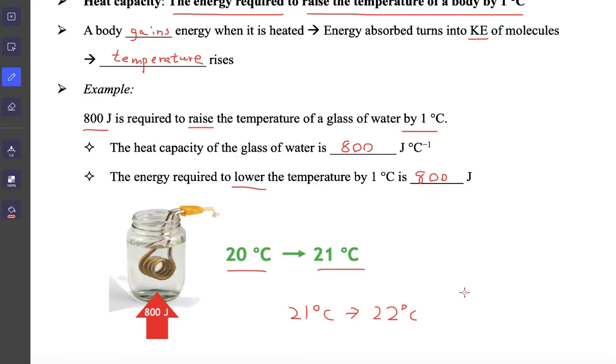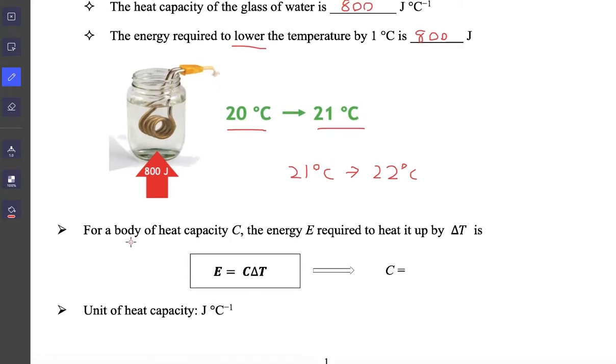Because to change it from 20 to 21, or from 21 to 22, or 22 to 23, or 23 to 24 degrees Celsius, is the same. If the change in temperature is 1 degree Celsius, then it requires the same amount of energy, which is also 800 joule for this glass of water.